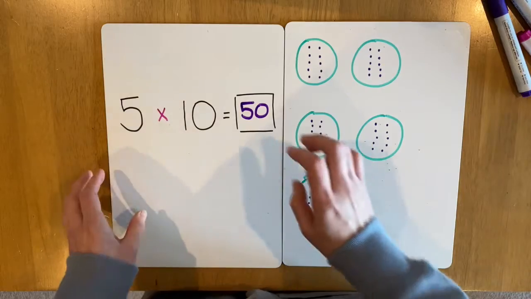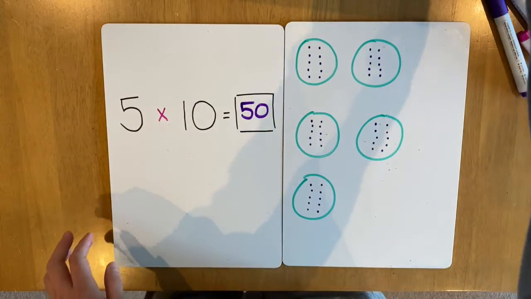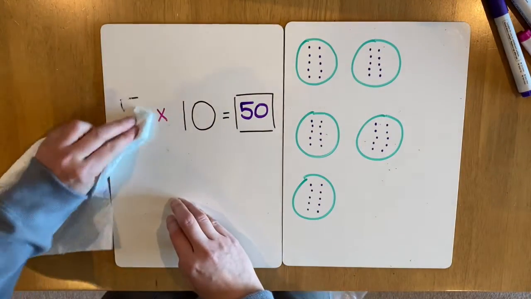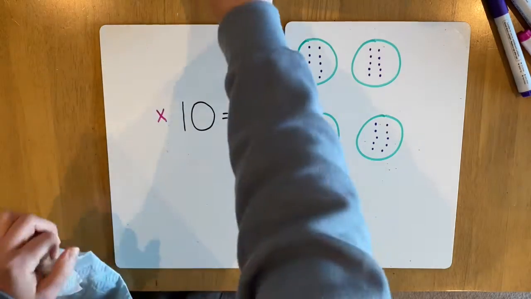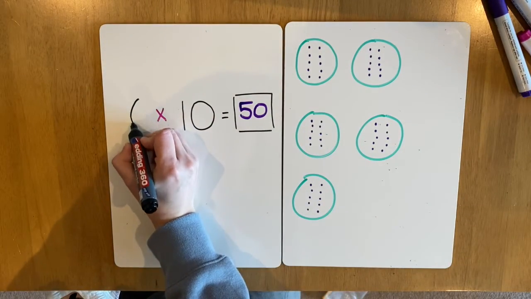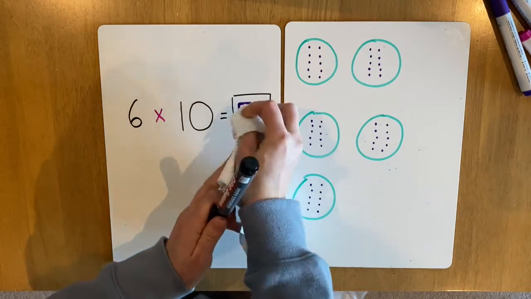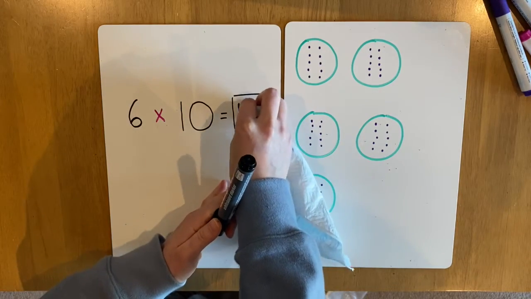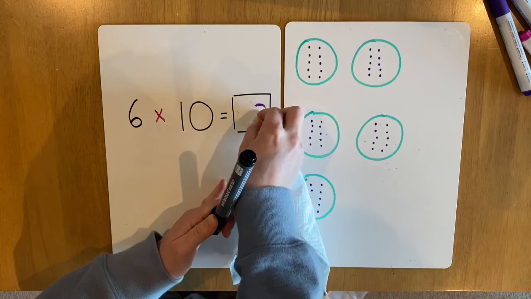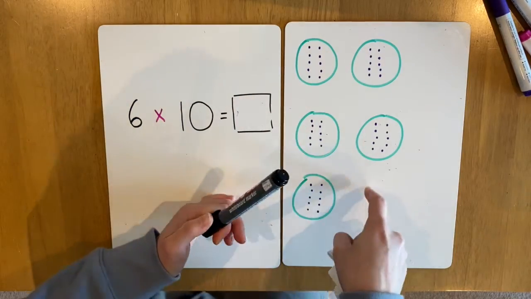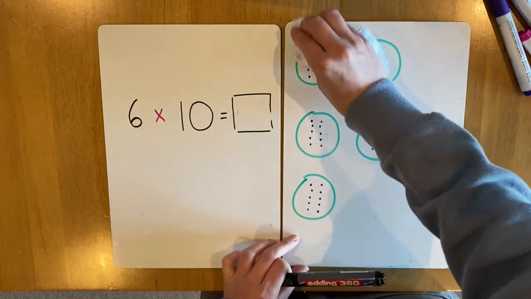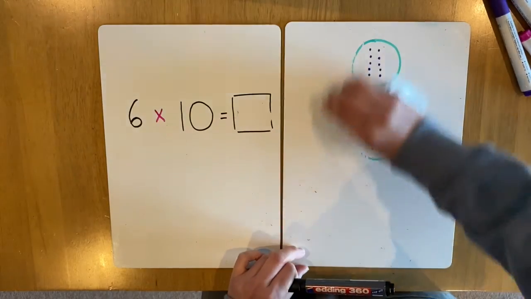Let's do one more. This time I want you to do 6 groups of 10 and I want you to draw pictures. You probably don't have this many objects, so you can probably draw a picture just like I've done. So 6 groups of 10.